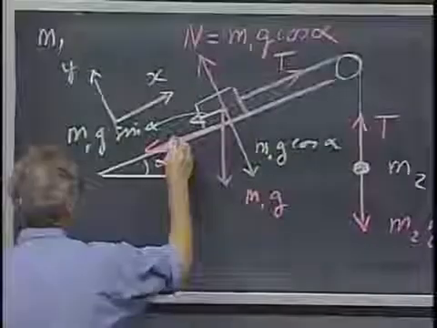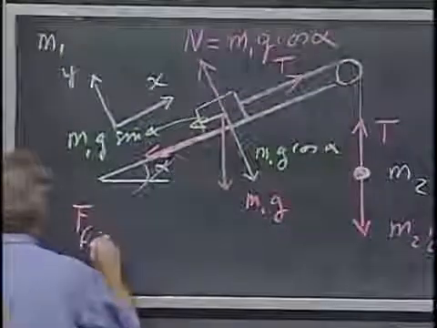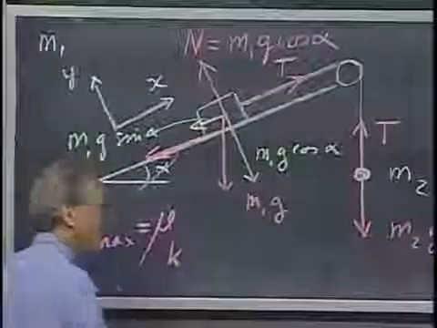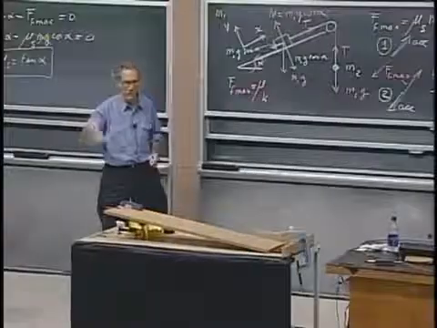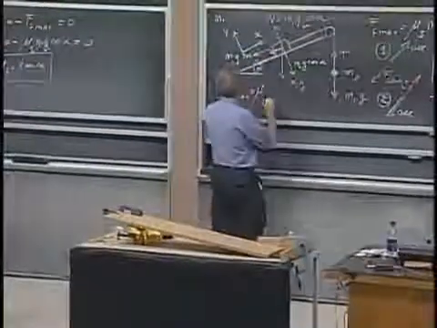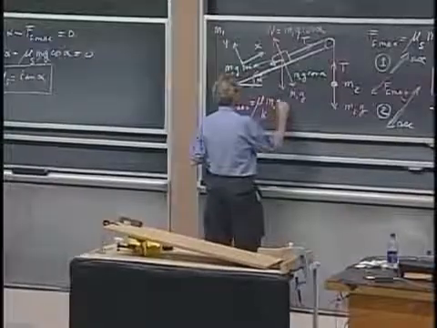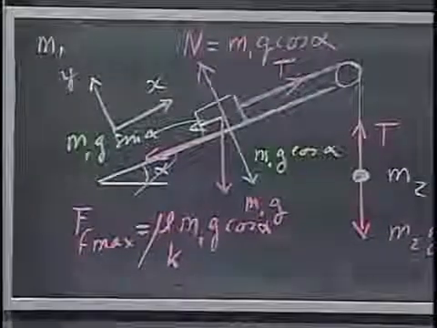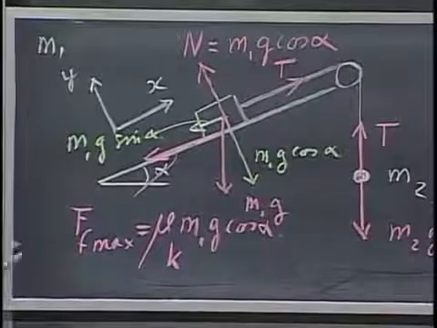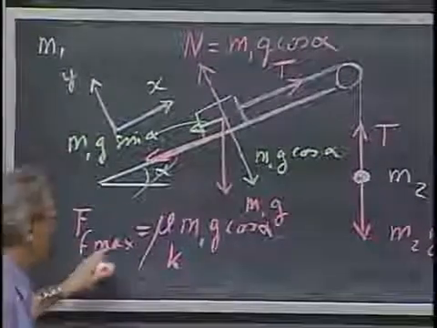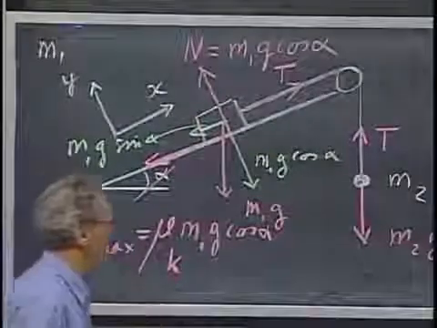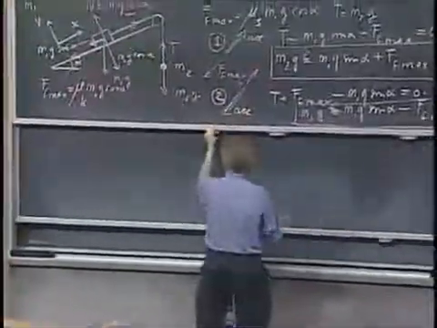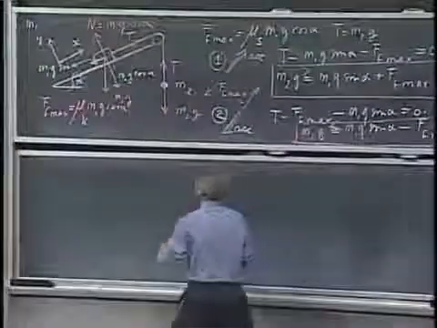This is the maximum friction possible, which now becomes mu kinetic, because it's going to move, times m1 times g times cosine alpha. That is already one change. It is moving, for sure, it's going to be accelerated, so the frictional force is in this direction and has this value. So let's write down Newton's second law in the x direction.